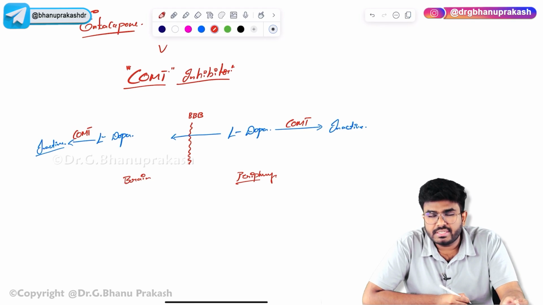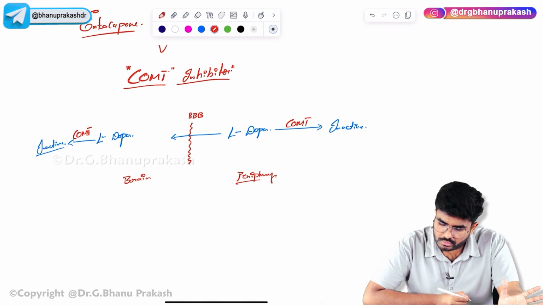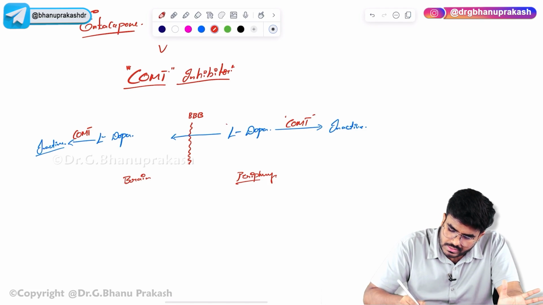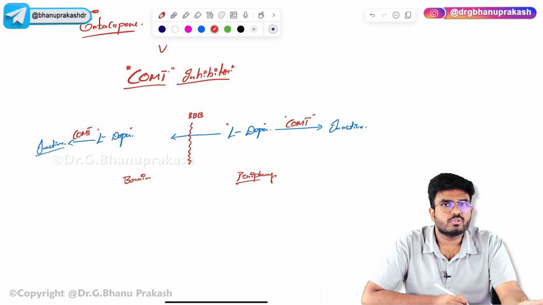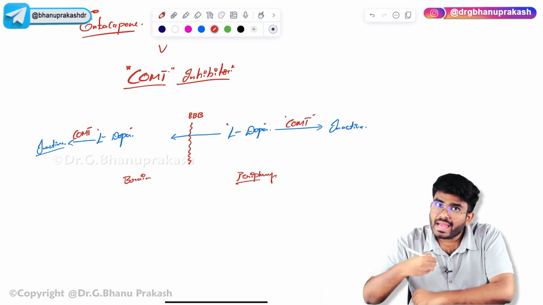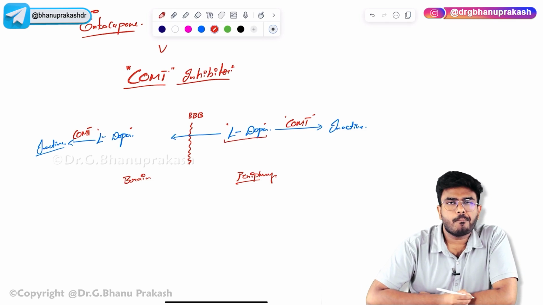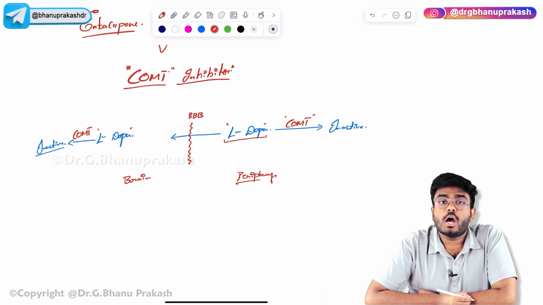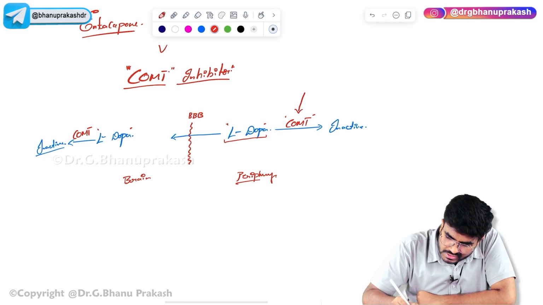So COMT is going to metabolize the levodopa. So levodopa is not available, dopamine levels will go down, Parkinsonism. So what do we have to do now? We are not just supposed to give L-dopa along with carbidopa, but we also have to inhibit the COMT.